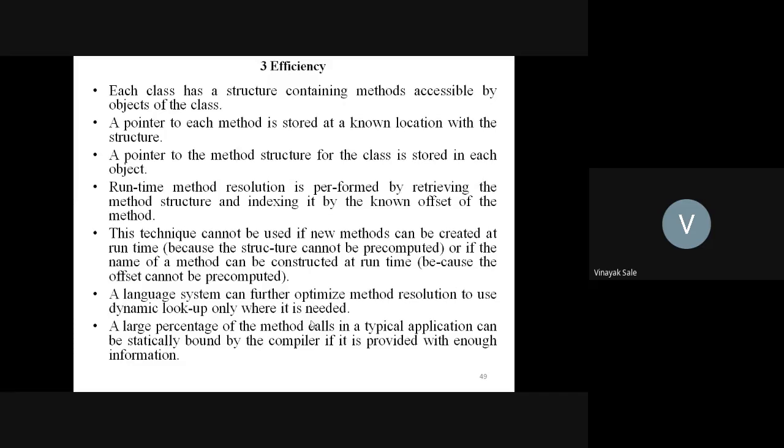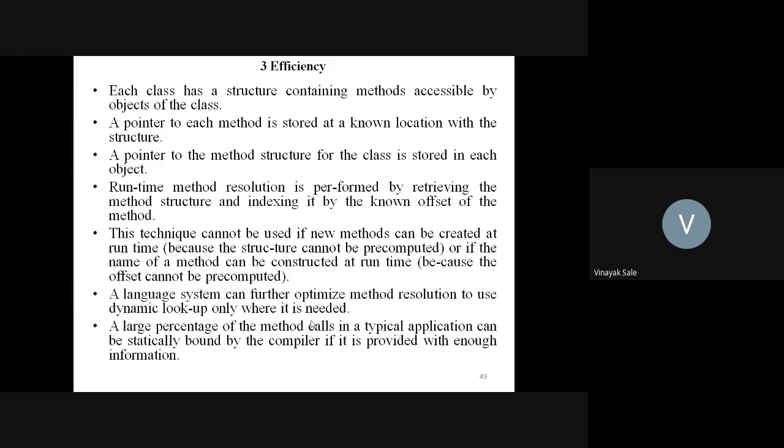So then third is efficiency. Each class has a structure containing methods accessible by objects of the class. A pointer to each method is stored at a known location within the structure. A pointer to the method structure for a class is stored in each object.